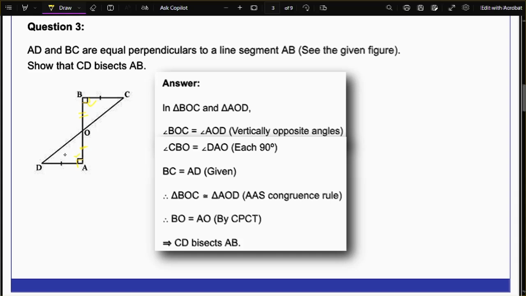To prove this, we consider these two triangles, OBC and OAD. It is clear that these two angles, BOC and AOD, are vertically opposite angles. Now these angles are 90 degrees, which is given, and it is also given that AD equals BC.